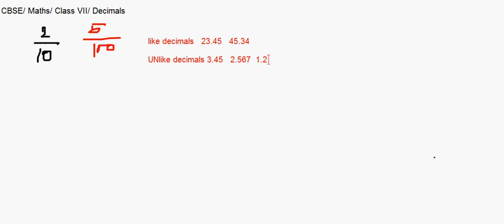Before moving on to addition, the first operation of decimals, we need to know one important property of decimals. If you add zeros after the last digit of the decimal representation, the decimal number doesn't change its value.